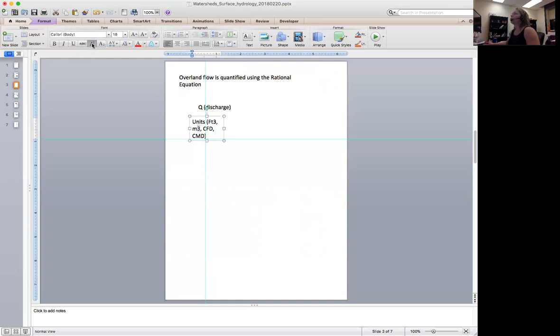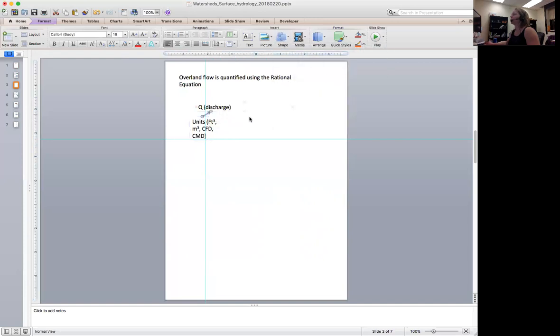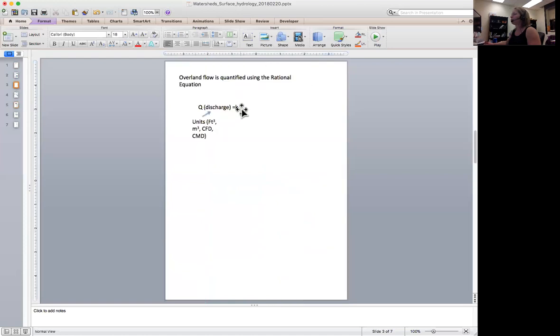But it's a volume type of term that we're dealing with here. And this Q is equal to K, which is our runoff coefficient, I, which is our intensity of the rainfall, and AR, which is the area of the watershed.